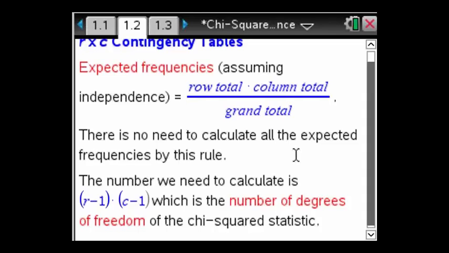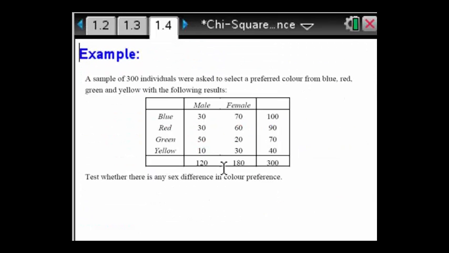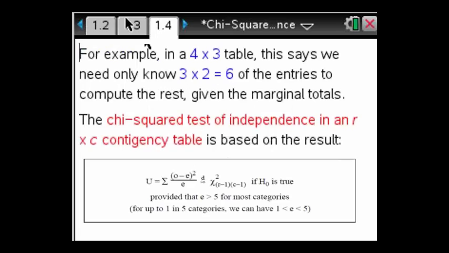You could go into a discussion of why that's the case, and it makes a lot of sense if you show tables that give the marginal totals. If we work out 3 of those, then we don't have to work out the 4th one, and that's where the idea of 4 minus 1 or 3 minus 1 comes from.